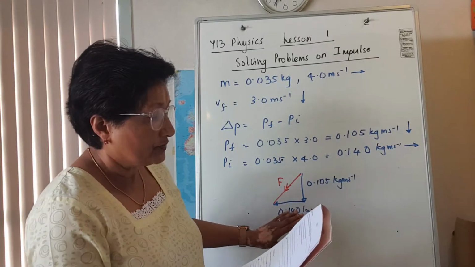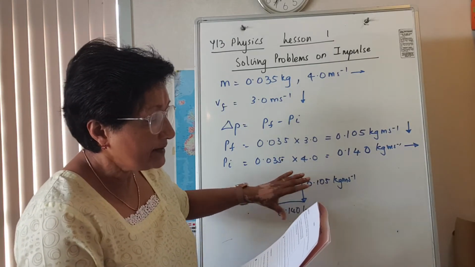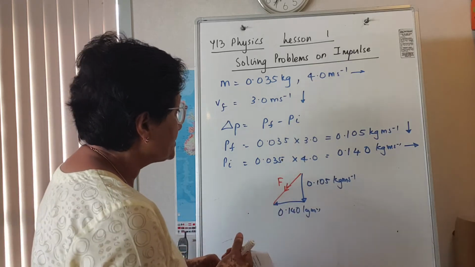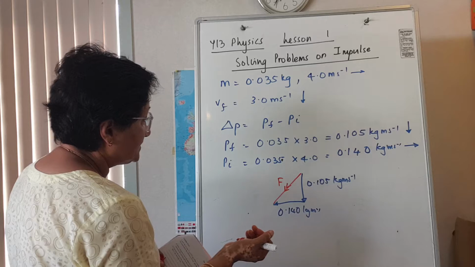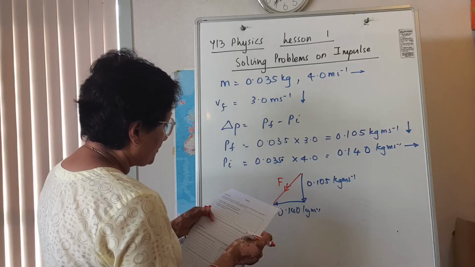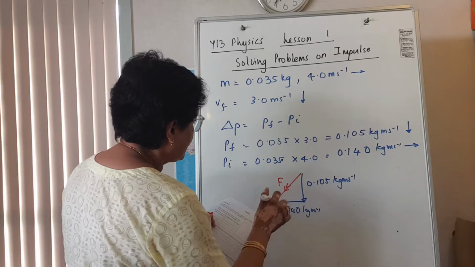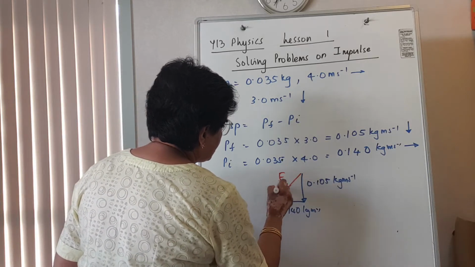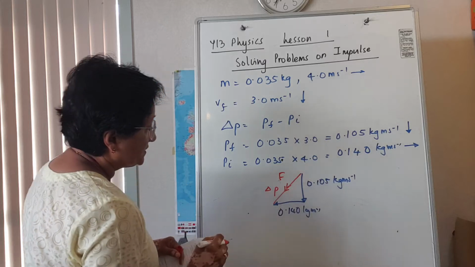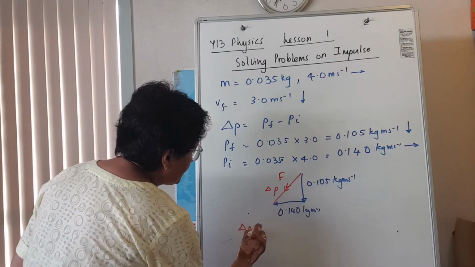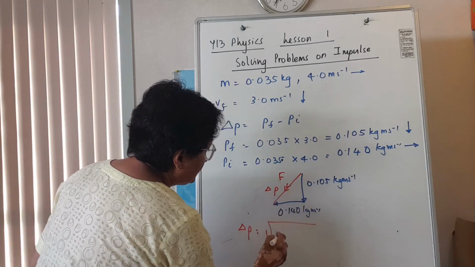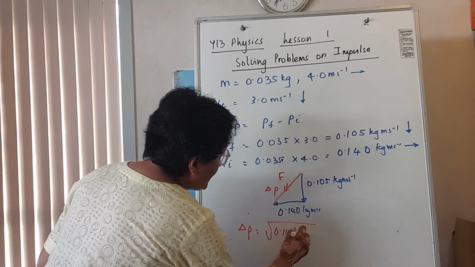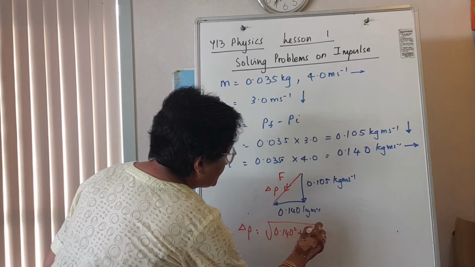Okay, so this is the first part, A, and we need to calculate the size of this force. So in order to calculate the size of the force, let's first calculate the size of the impulse. So this is the direction of the force, but this is also the change in momentum, and your change in momentum is this red vector with the double arrow, which is the square root of 0.140 squared plus 0.105 squared.